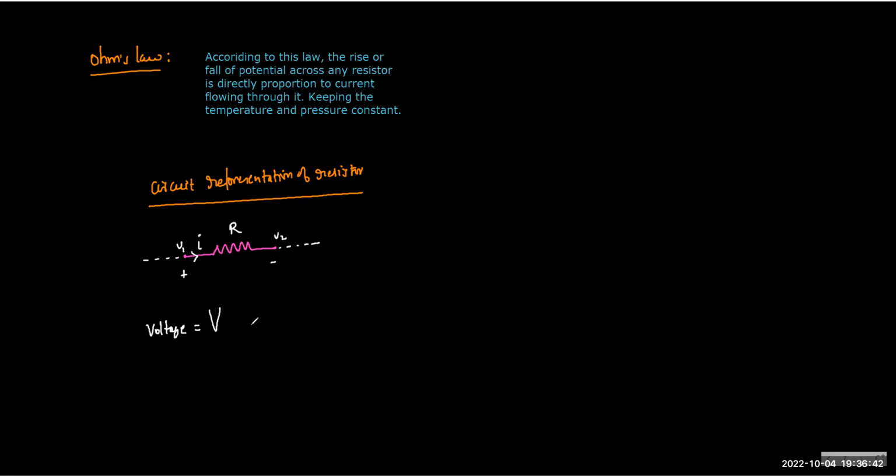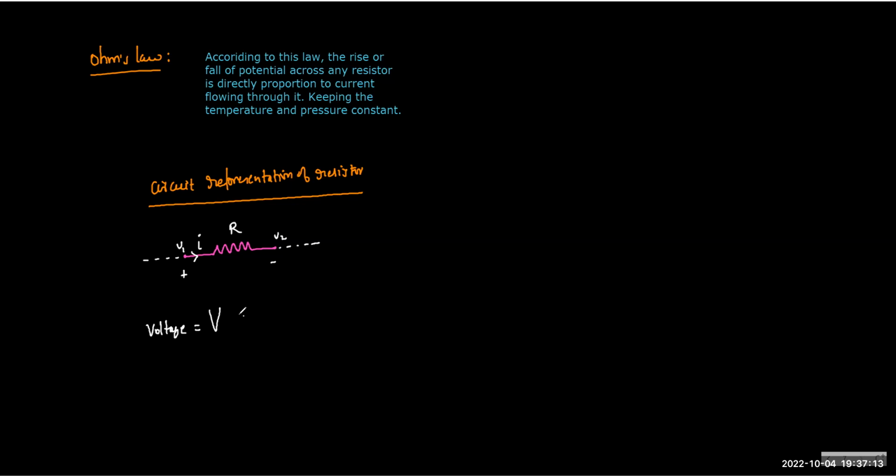You can take the analogy of a waterfall: if you go along the flow, you will come down, but if you go against the fall, you will rise. Similarly, if there is a current and you walk along the flow, you will go towards the lower potential and vice versa. So V is the potential rise or fall.